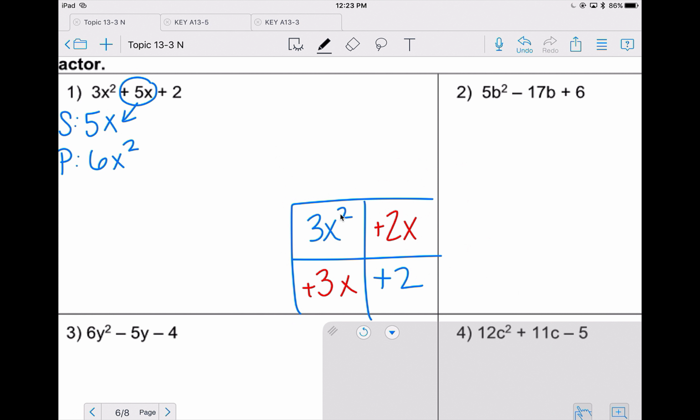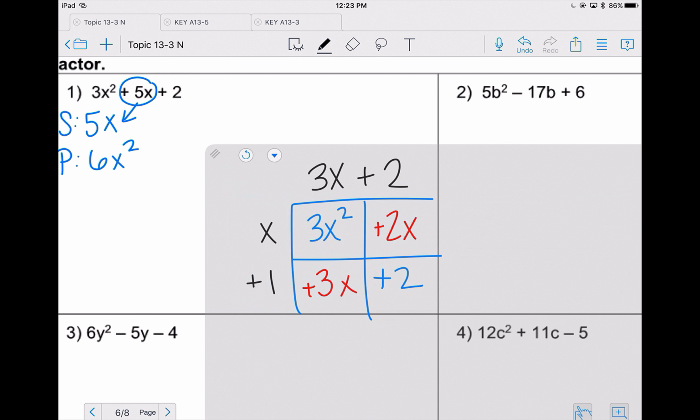So up and down, 3x squared and 3x share the number 3 as well as an x. 2x and 2 do not share x's, but they share a 2. 3x and 2x do not share any numbers, but they do share a letter. 3x and 2 do not share any letters or numbers, so we put a plus 1 because everything shares a 1, but we look for greater than 1.